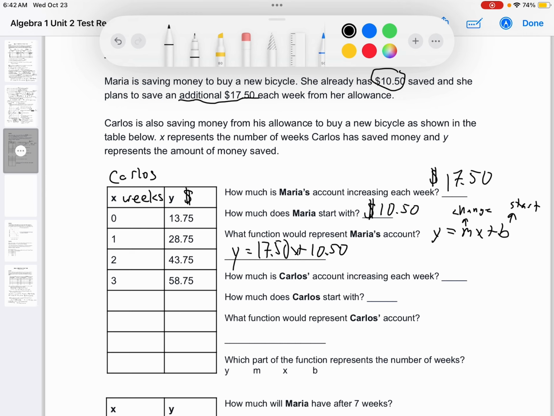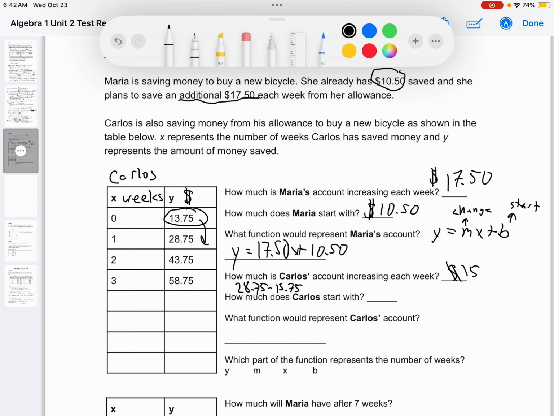And we can do the same thing for Carlos. If we're looking at how much Carlos's account is increasing each week, we're going to look from one week to the next. From $13.75 to $28.75, we can find that by doing $28.75 minus $13.75, and we will get $15 is how much his is increasing by each week. And then how much does Carlos start with?